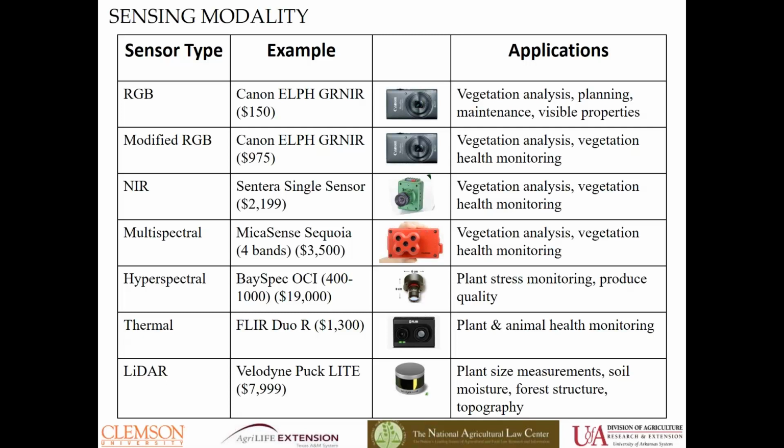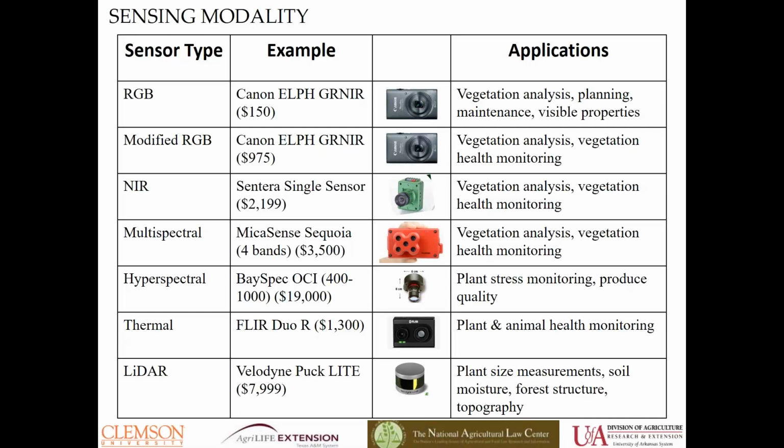We anticipate that for the majority of agricultural producers, the most likely types of sensors that will be purchased will be a standard red, green, blue RGB camera, a modified RGB camera, near-infrared, or multispectral sensor. It is also possible that as improvements are made to thermal sensors, they may be something that is considered.